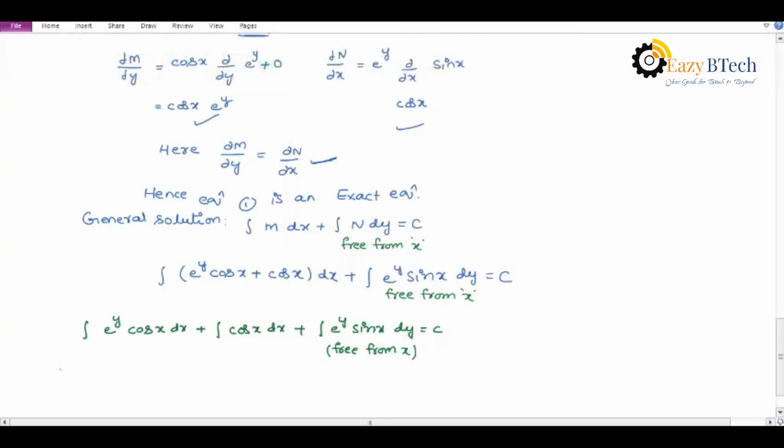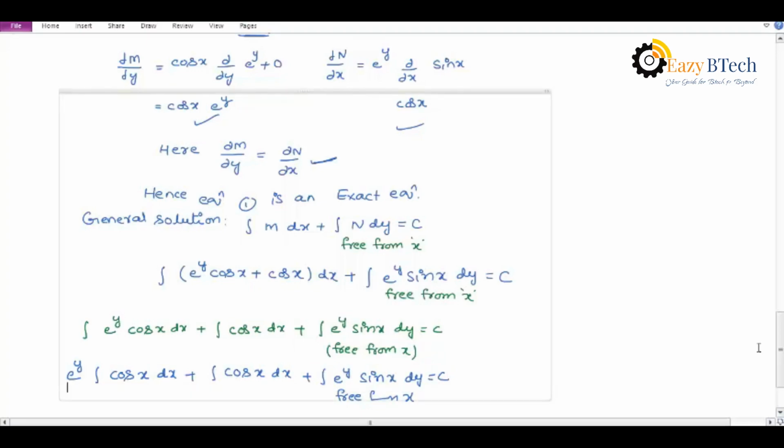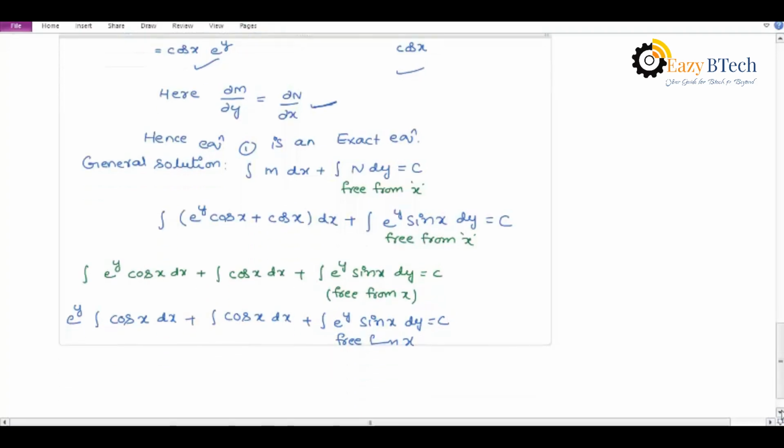The integration of cos x is sin x, and again sin x, and see here, students, free from.